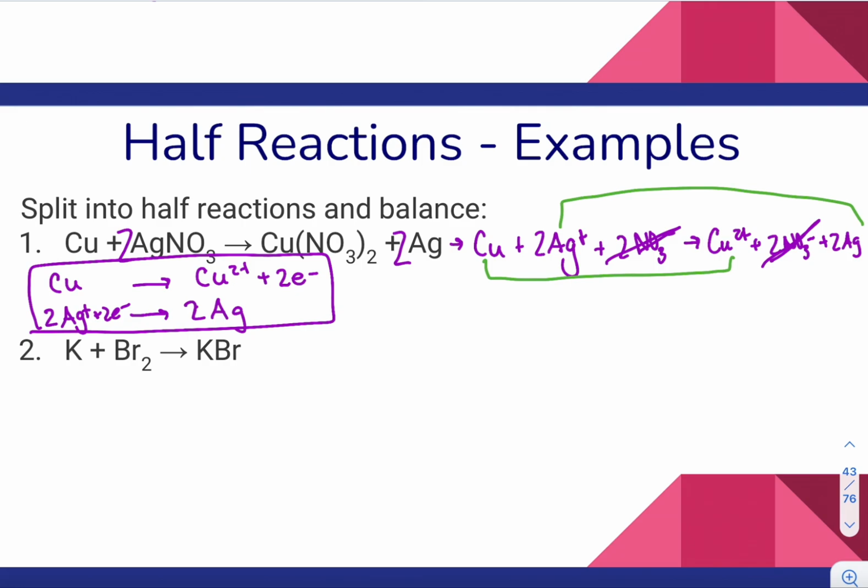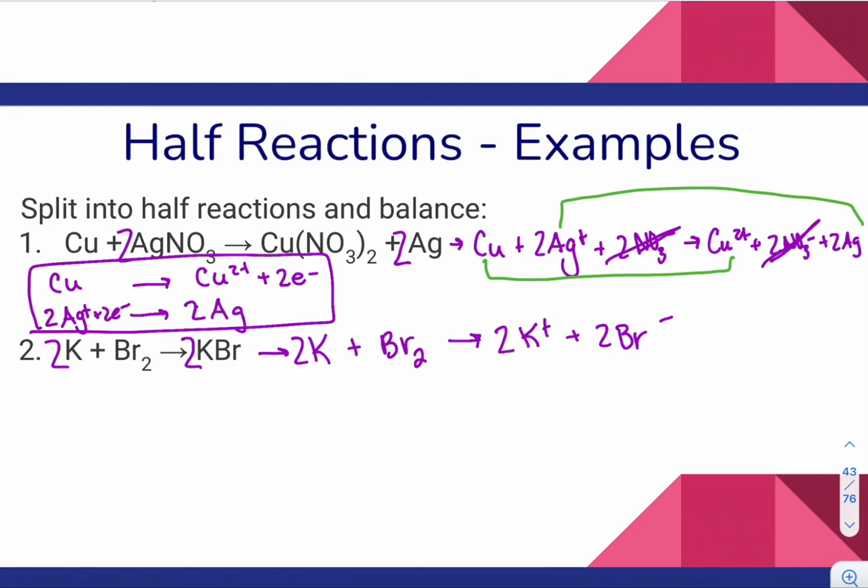So let's try one more. So here for your net ionic equation, let me balance that first. You're just going to split this up. Because the first 2 are just elemental forms, they're not going to break apart in solution.